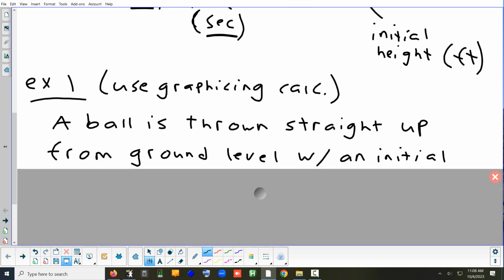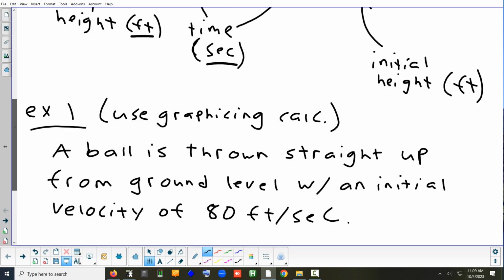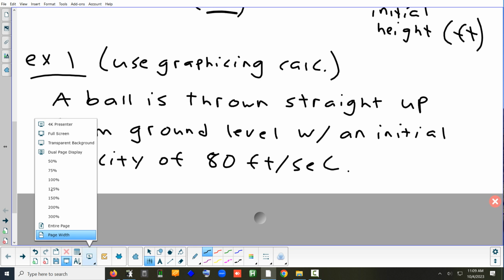Okay, so in this problem, it says a ball is thrown straight up from ground level with an initial speed of 80 feet per second. So first thing I want to do is just take that information and fill it into the equation up above.